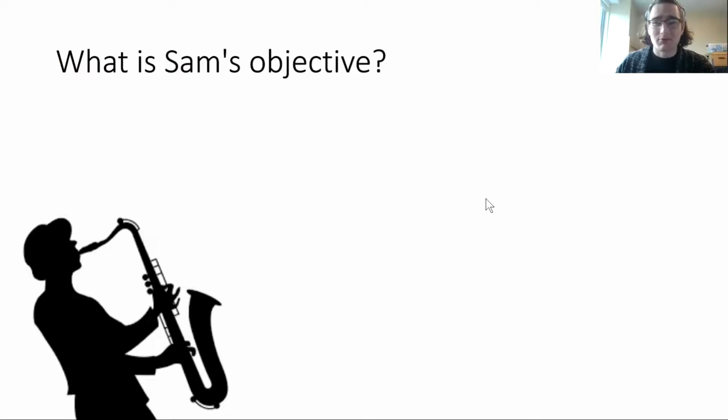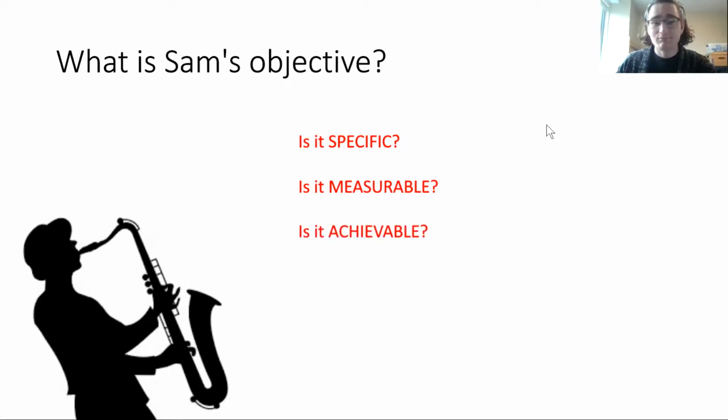So let's figure out Sam's objective. When he was running through the pieces, was he targeting a specific thing? No. How about measurable? Did he know what he was improving? Probably not. Is it achievable? Probably yes. Whatever he's doing, he probably can achieve.